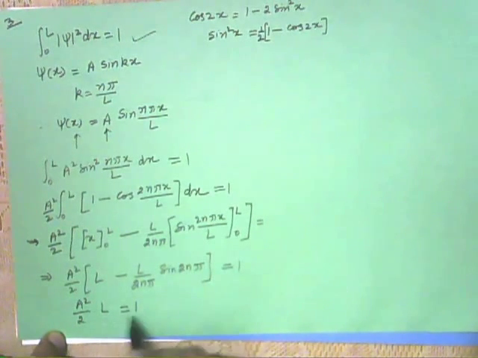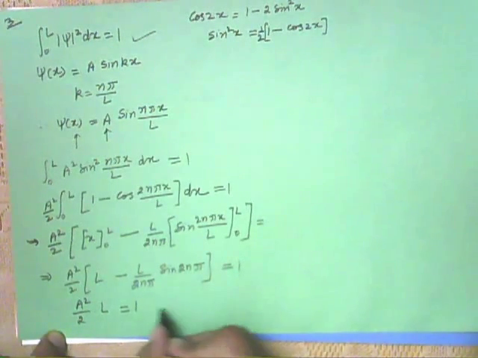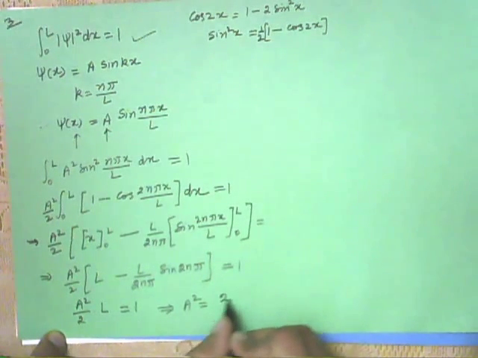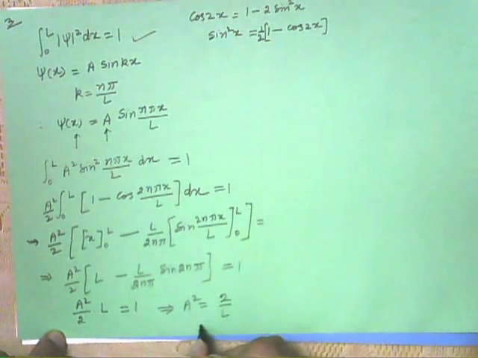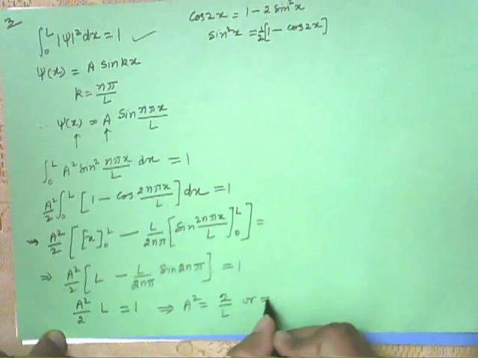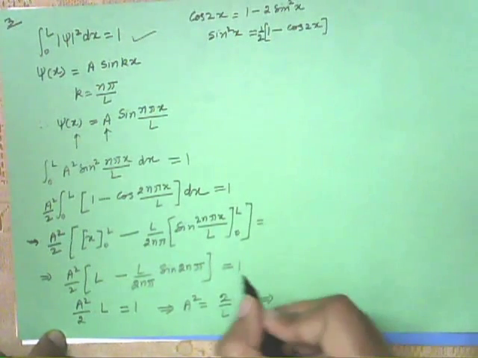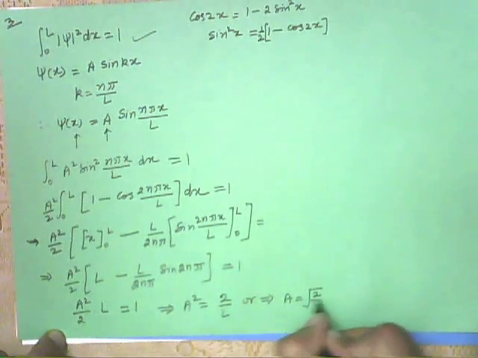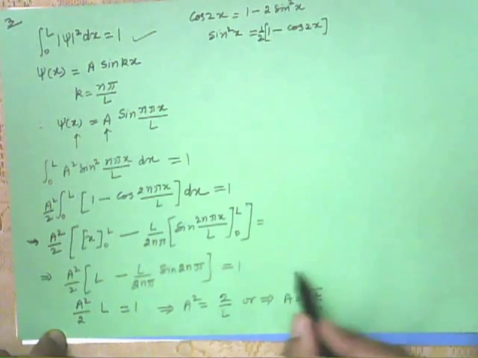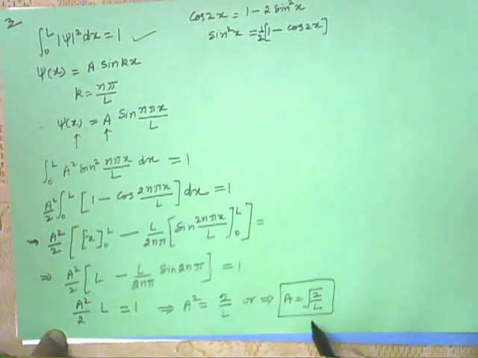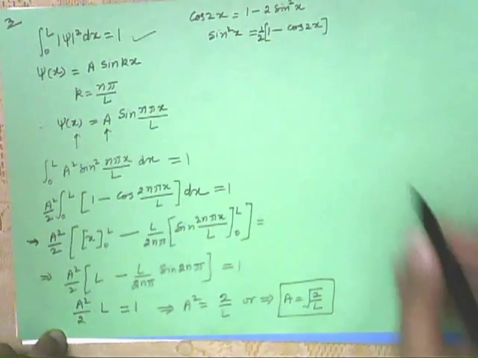So a square by 2 into L is equal to 1, or you can write a square is equal to 2 upon L, or a is equal to under root 2 upon L. So this is the required result from the normalization condition.